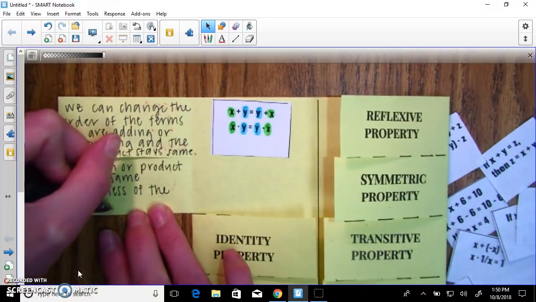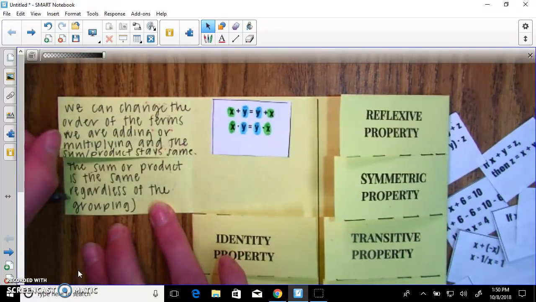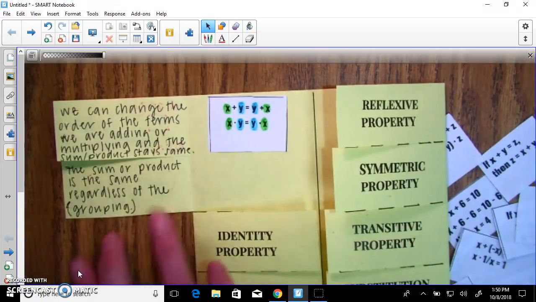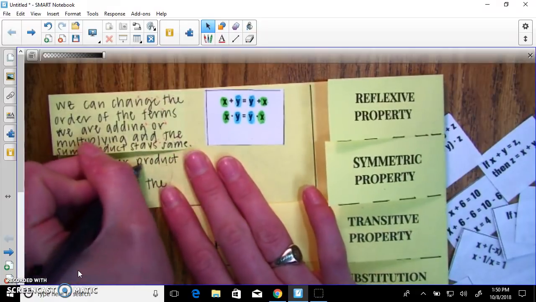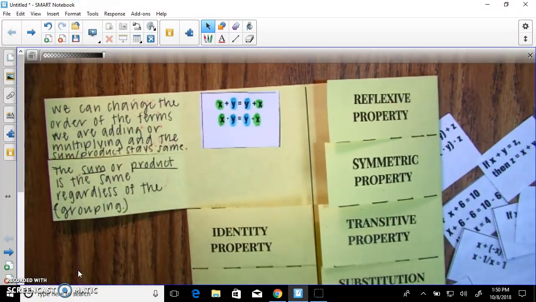And by grouping, we're talking about parentheses. We group terms using parentheses. The sum or product is the same regardless of that.